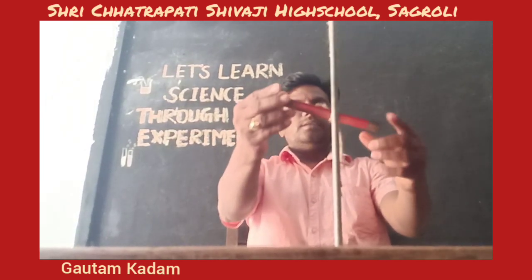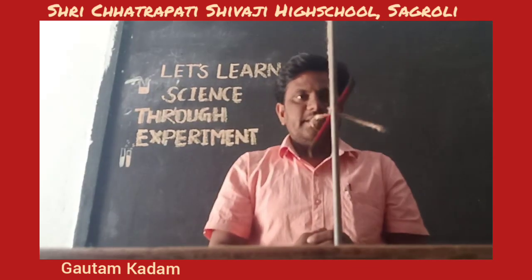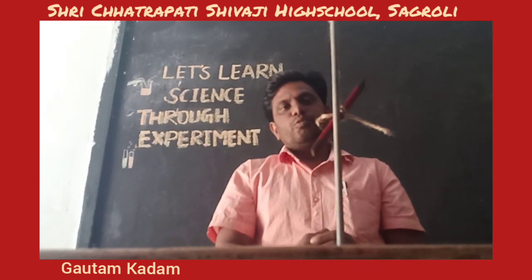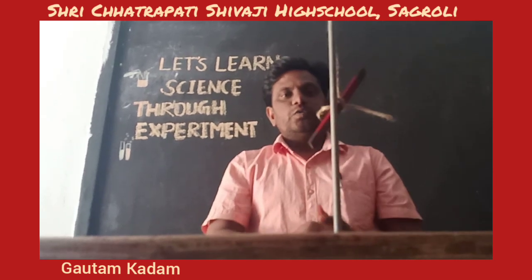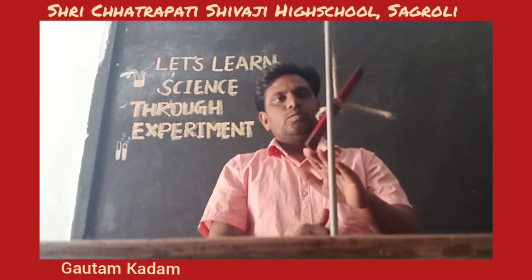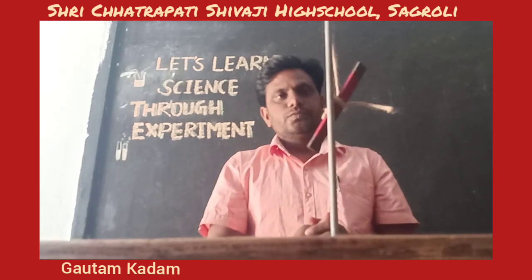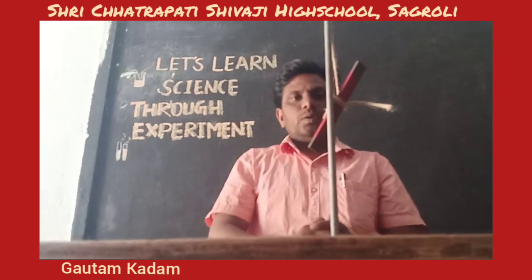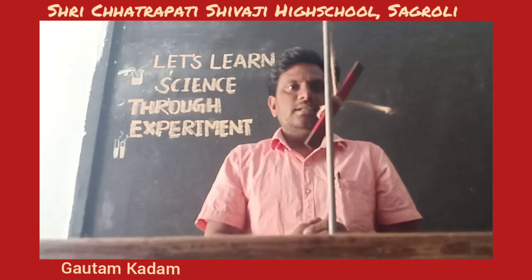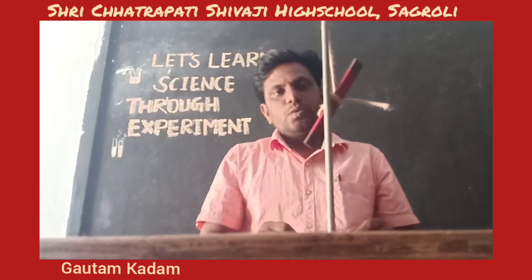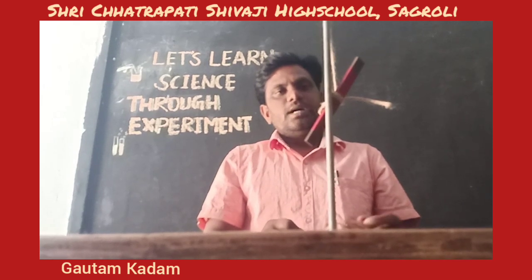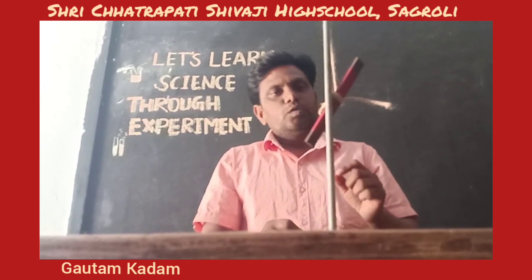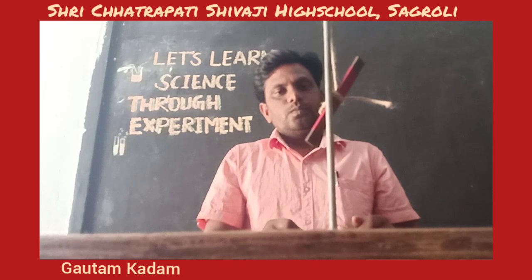So this is freely suspended bar magnet, then it points towards the north-south direction, from north to south. So you know that our earth is also a huge magnet, means earth has also north and south pole.